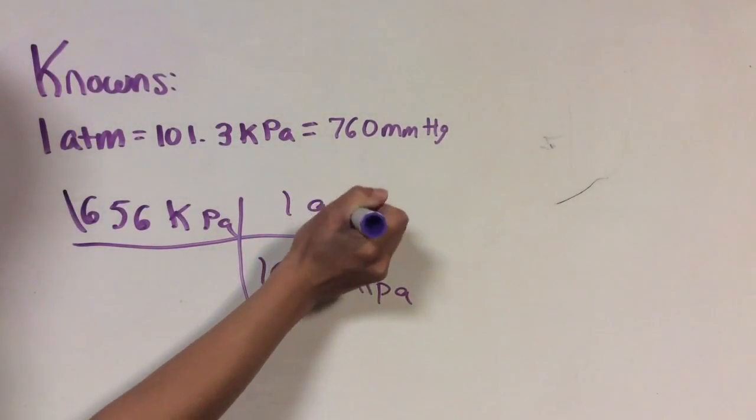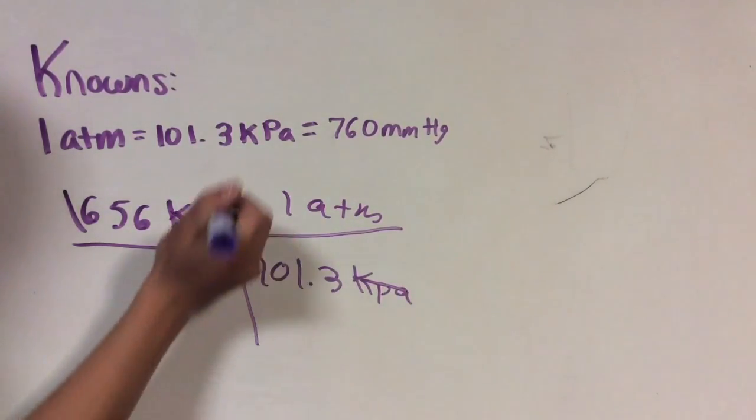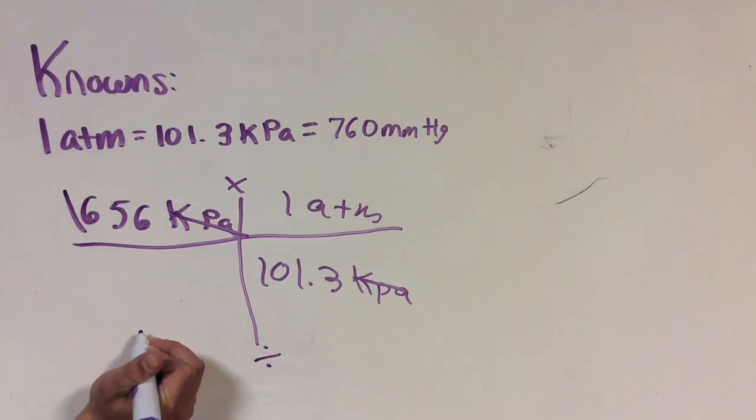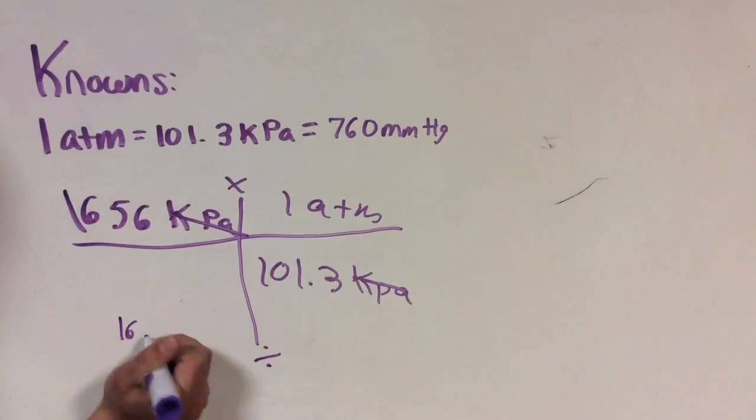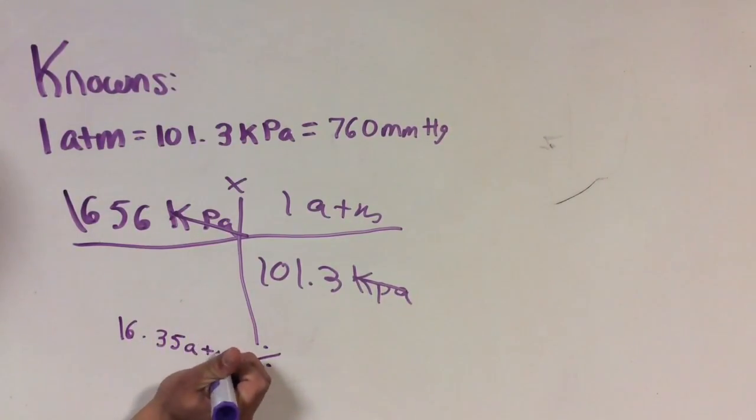This would be 1 atm. The units are going to cancel, and you're going to multiply these and divide these, and your final answer is going to be 16.35 atm.